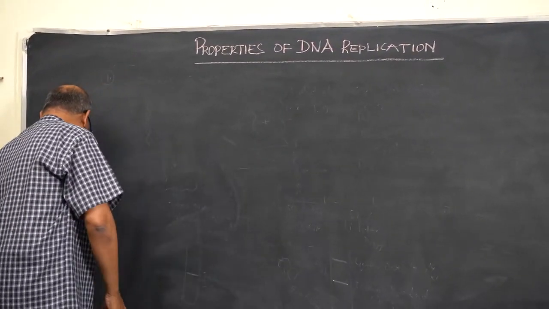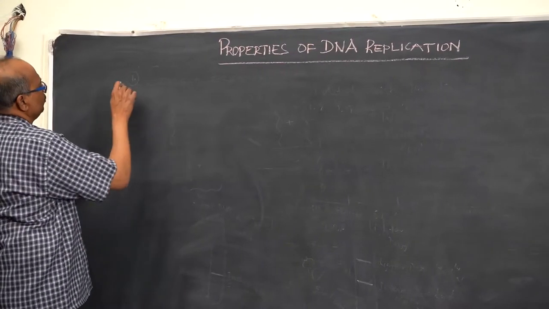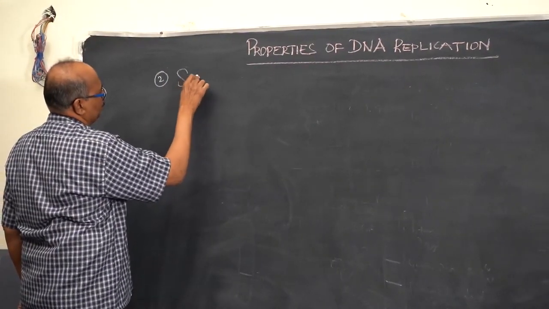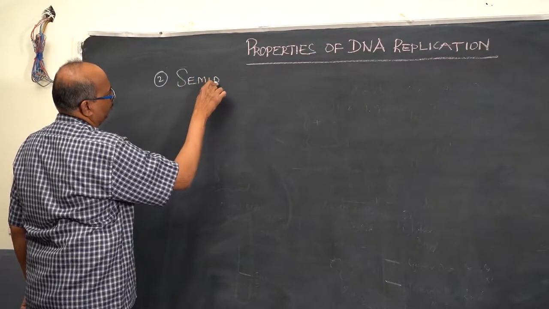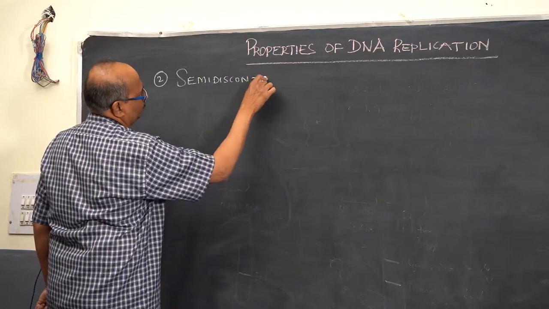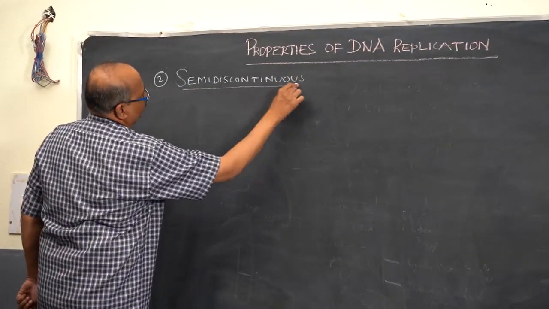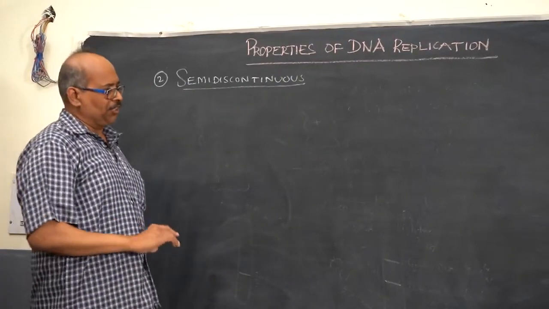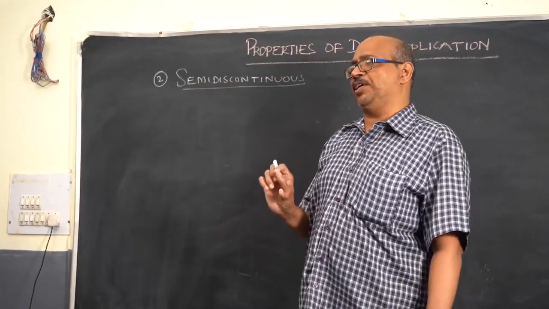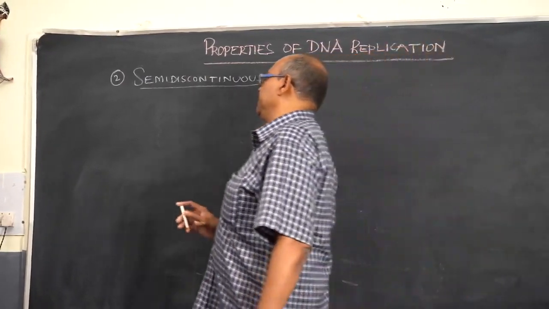The second property of replication is semi-discontinuous. That means half continuous, half discontinuous with respect to the two newly synthesized DNA.